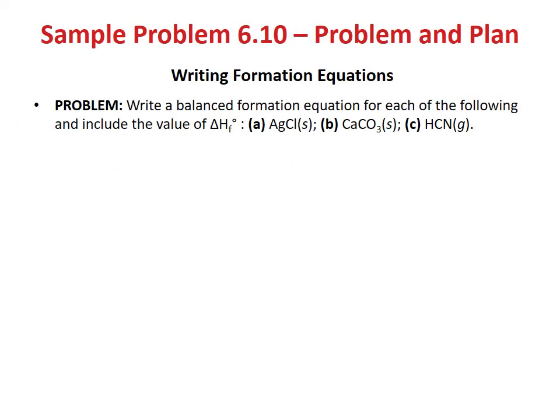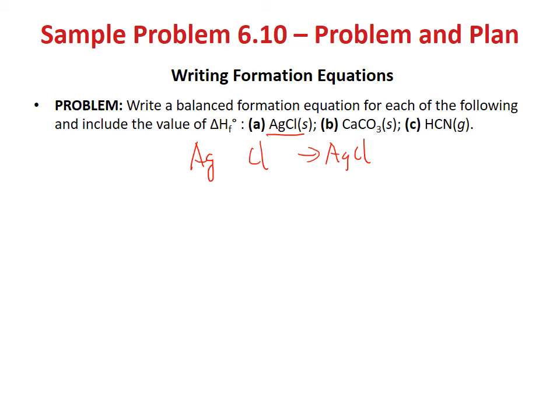Sample problem 6.10. Write a balanced formation equation for each of the following and include the value of the standard enthalpy of formation. A, silver chloride. The formation reaction refers to the formation of silver chloride from its elements, which are silver and chlorine, at the standard state, which means 1 atmosphere, pure substance, the most stable form.